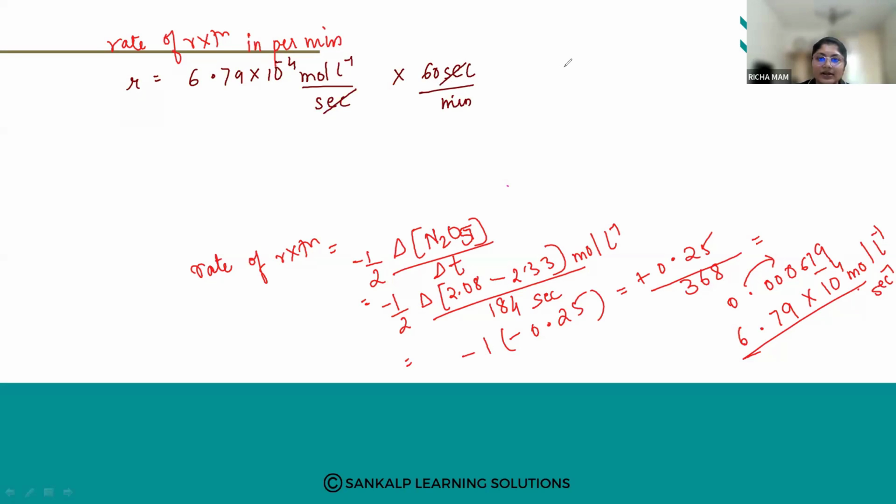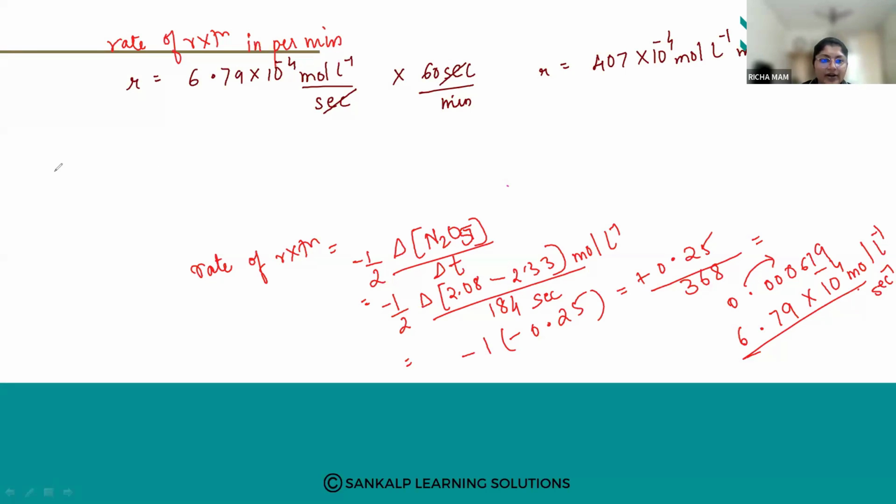So rate is equal to, if you calculate this, 6.79 into 60, it is 407. Okay, 407 into 10 raised to minus 4 mole per liter per minute. So this is in terms of per minute.